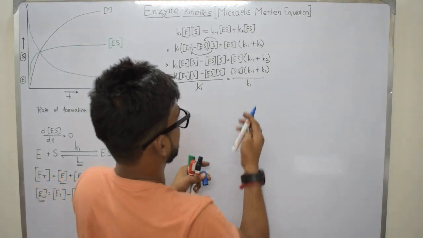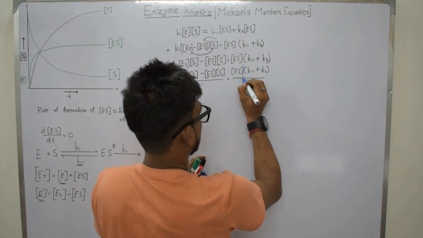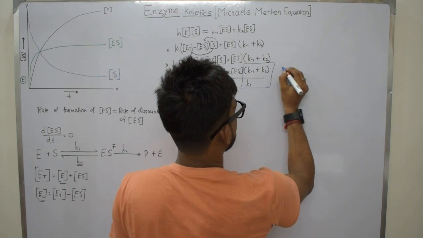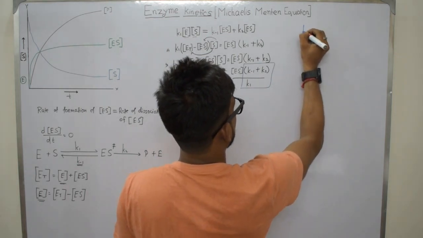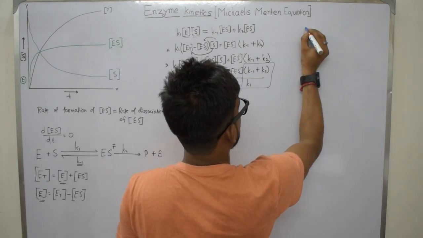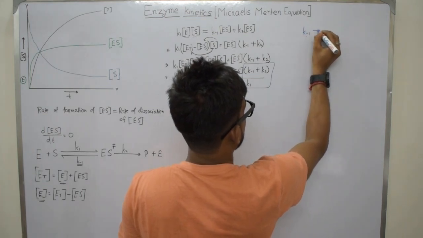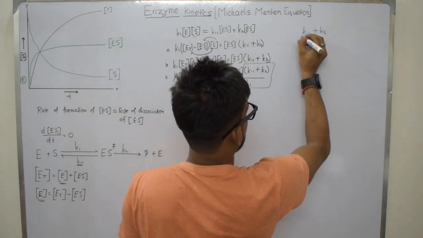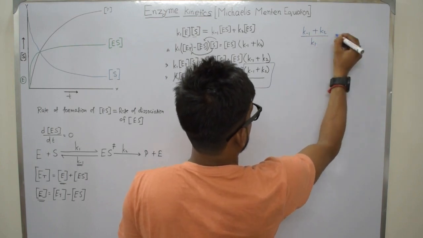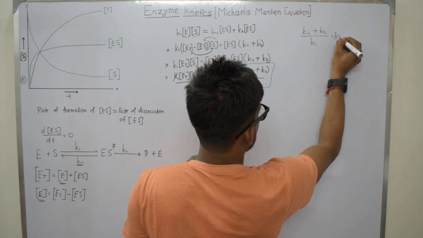Here this particular thing, K minus 1 plus K2 by K1, is equal to Km.